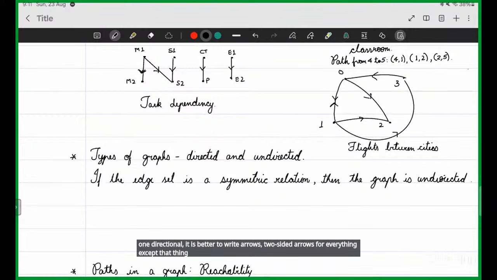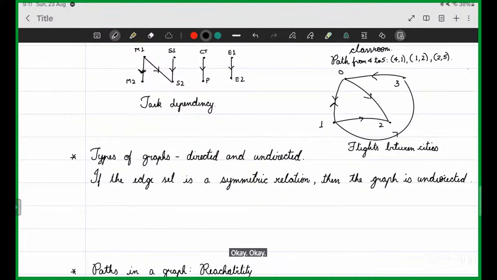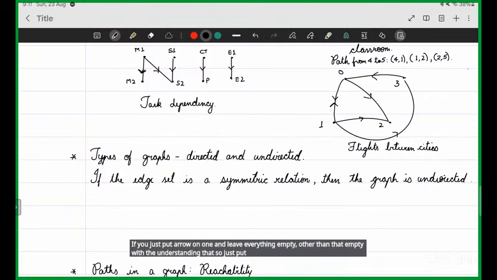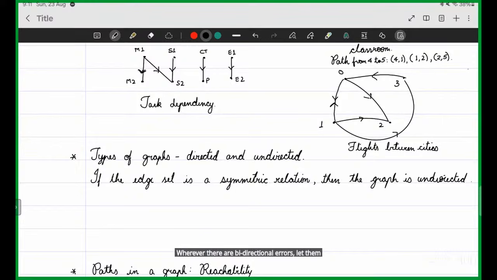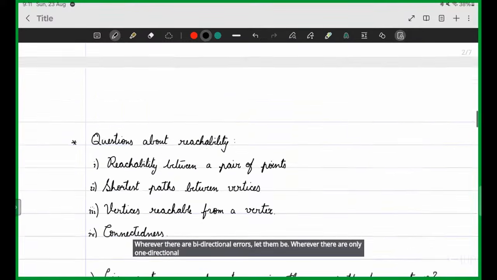If you just put an arrow on one and leave everything else empty with the understanding, confusion will arise. So just put arrows. Adding more arrows will just make it clearer, right? Wherever there are bidirectional arrows, let them be. Wherever there are only one directional arrows, let them be.